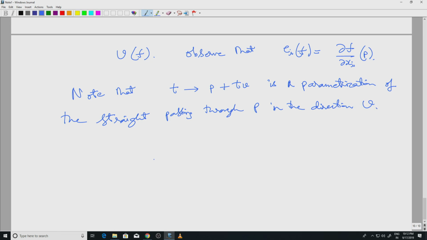In other words, I have a P, I have a v. So this straight line, as t goes from minus infinity to infinity, gives me the entire straight line in Rn in this direction.